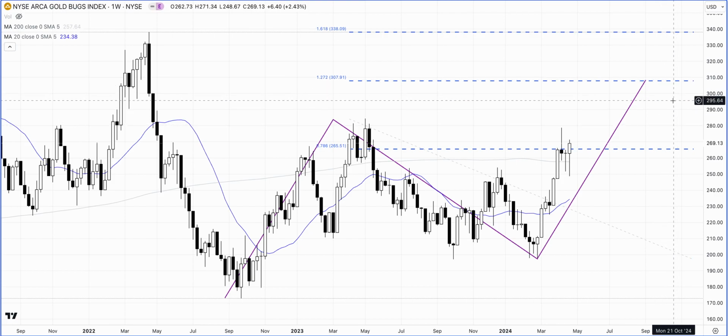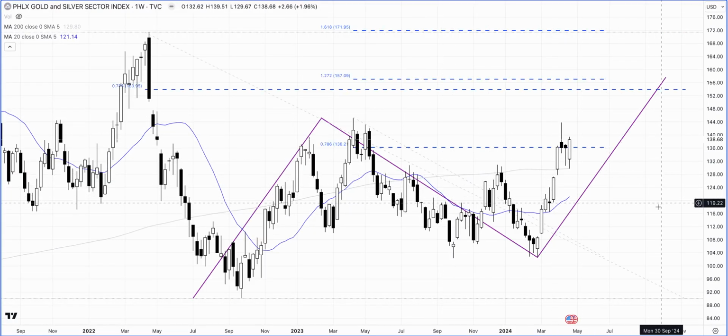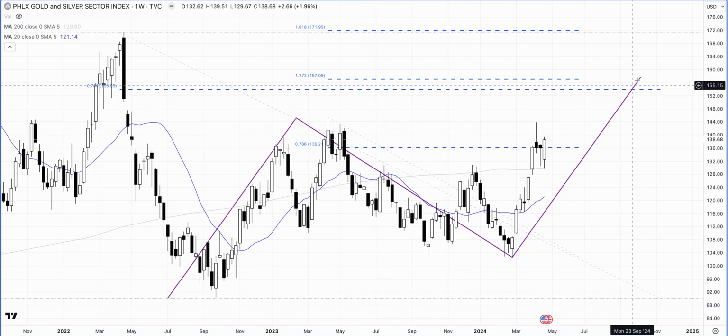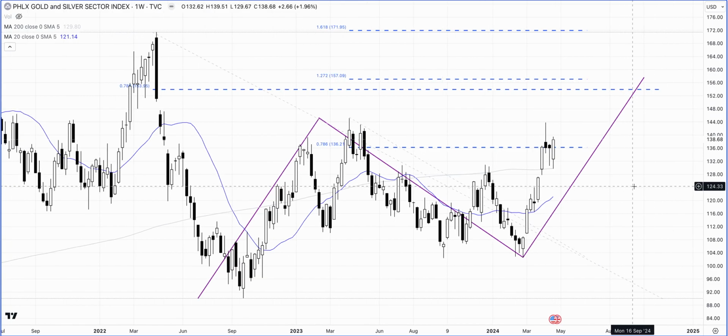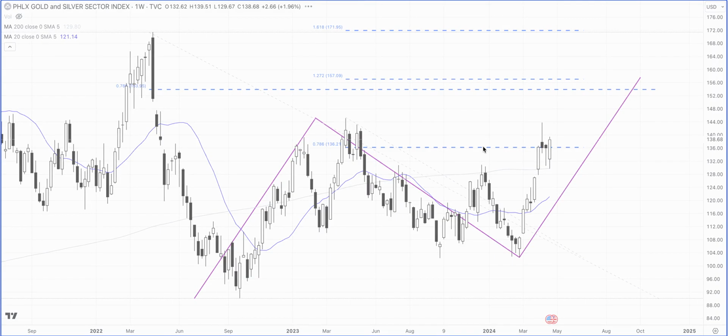And then if we look at the gold and silver sector index, looks like it's also in the ABCD formation higher towards the 157 or 158 level. So that's important to take a look at. Now we'll take a look at the silver market, and then we'll take a look at some of the individual gold stocks. Okay, so let's move and take a look at the silver futures.